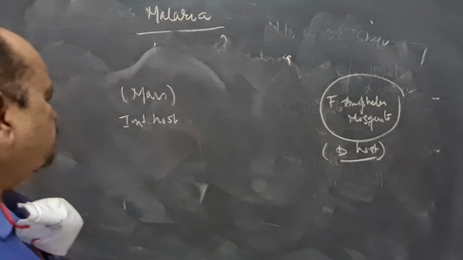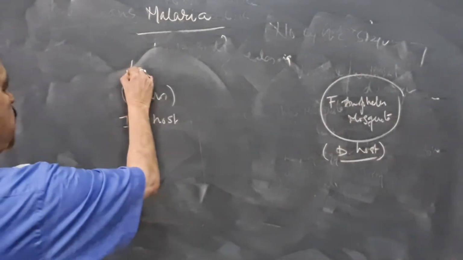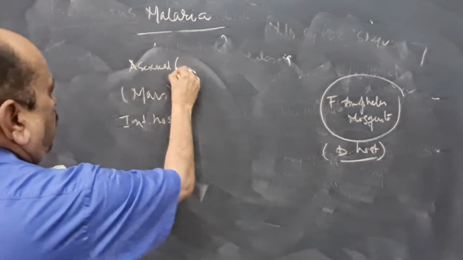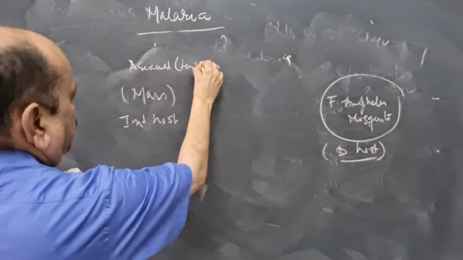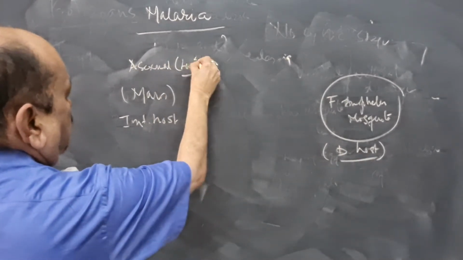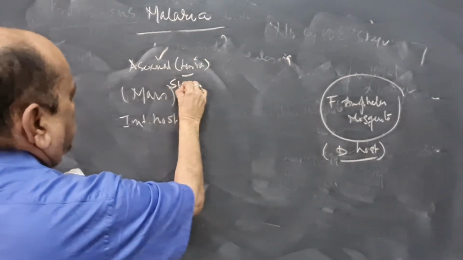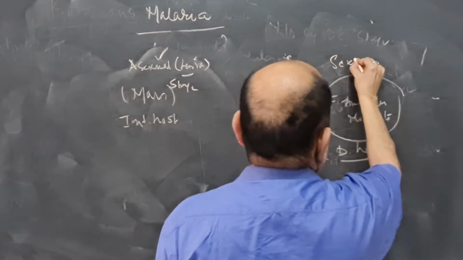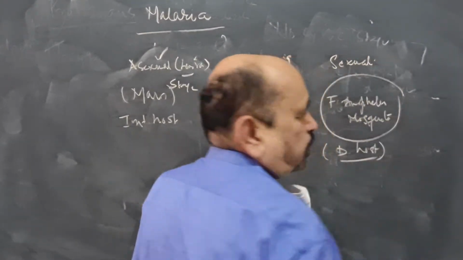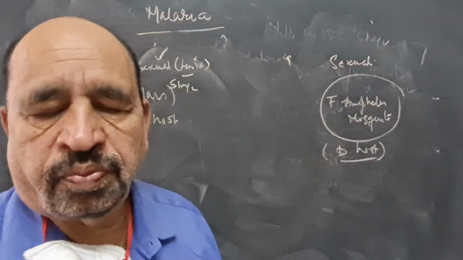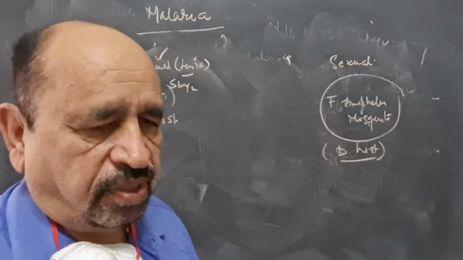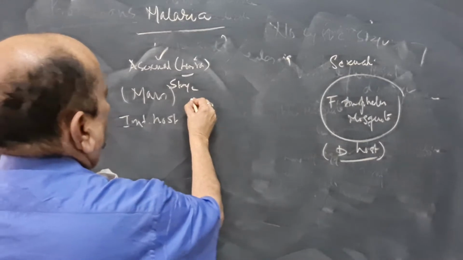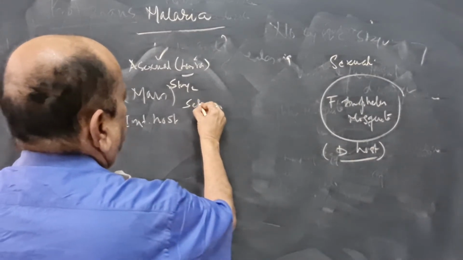The difference is that in man, the asexual or larval stage of the parasite occurs. In the mosquito, the sexual stage of the parasite develops. Here the breaking of the parasite is called schizogony.